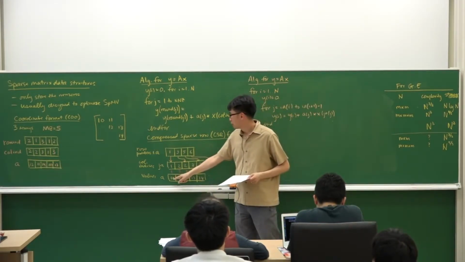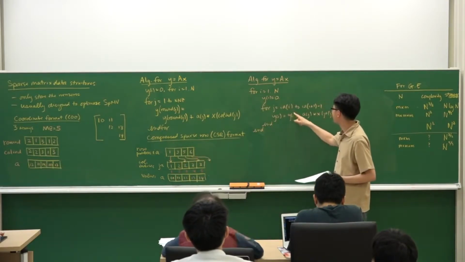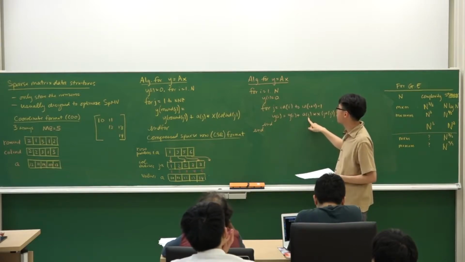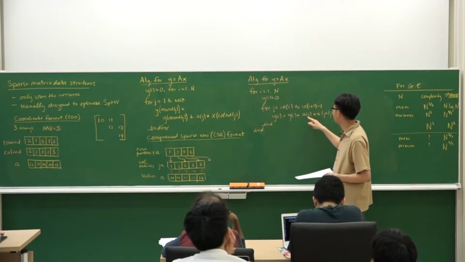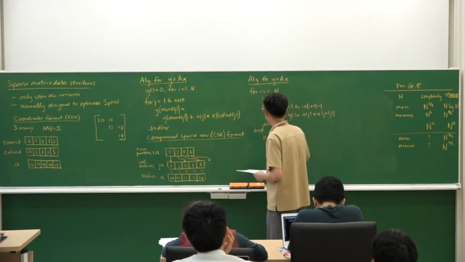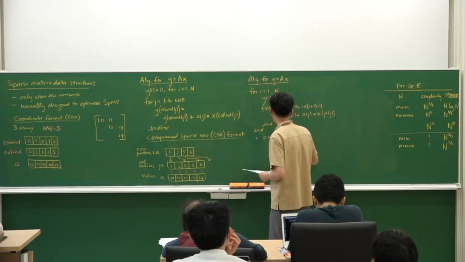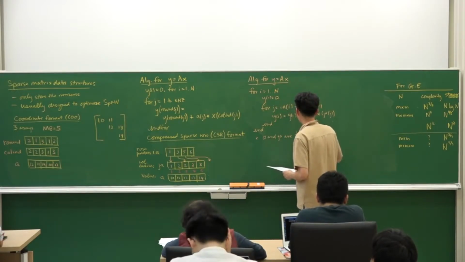So we're just going to read these arrays sequentially. We just go through these elements. So j just increases from 1 to the number of non-zeros sequentially. So we traverse these things in order. A and JA, so this is the first point, A and JA are traversed in order.